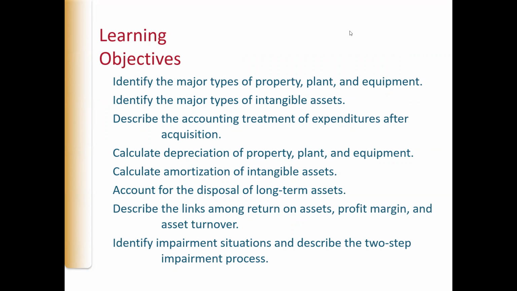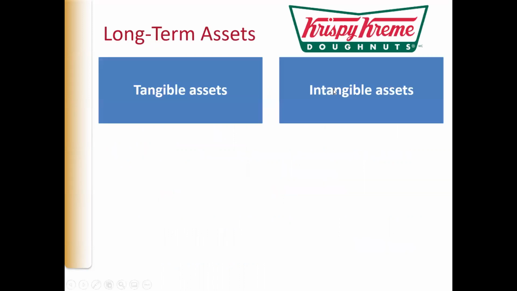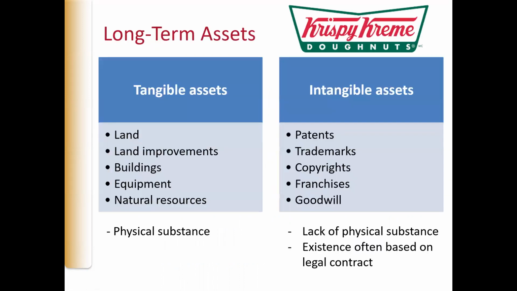Great. Okay, guys, so this week we are pretty much going to focus our time on assets. Long-term assets at that. Now, long-term assets can be physical assets where there's a physical substance to it, or there are assets that are called intangible assets.